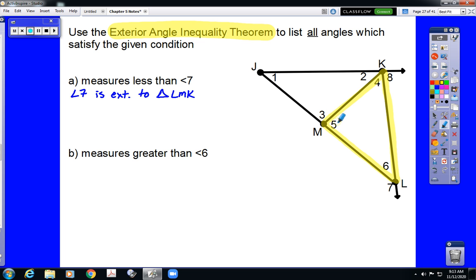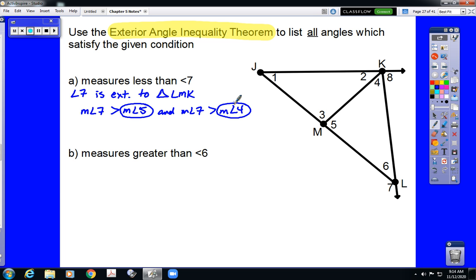And in that situation, the remote interior angles are angles 4 and 5, which our rule, the exterior angle inequality theorem, says it must be bigger than those 2 angles. So that would be enough information. If 7 is exterior to triangle LMK, that would guarantee that the measure of angle 7 is greater than the measure of angle 5, so that'd be one answer, and the measure of angle 7 is greater than the measure of angle 4, so that would be a second answer.